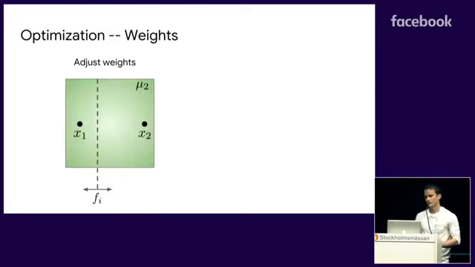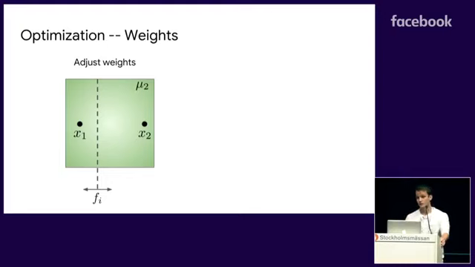And for a bit more intuition, let's take this very simple example. Let's say my continuous distribution is uniform over a square, and my discrete distribution is just uniform over x1 and x2. Now let's say that the fi, in this case there's only one, controls the position of the separating hyperplane between x1 and x2.